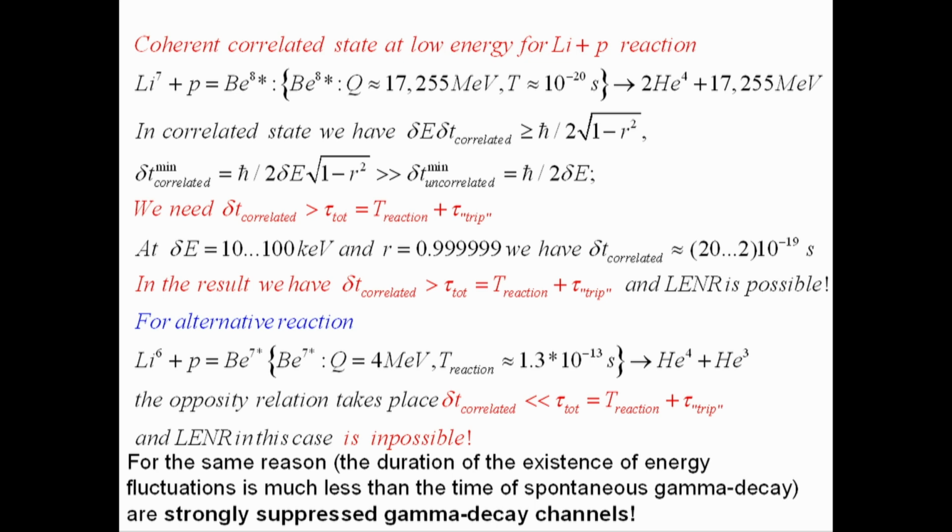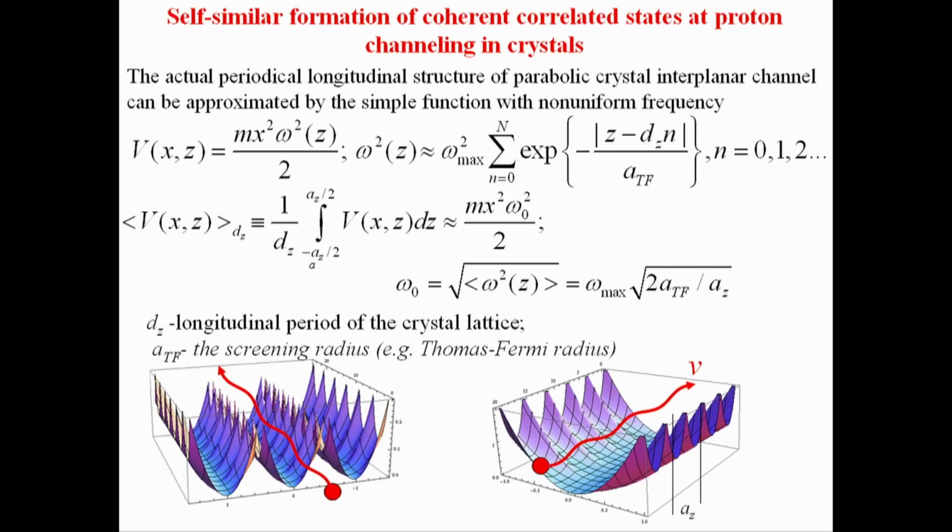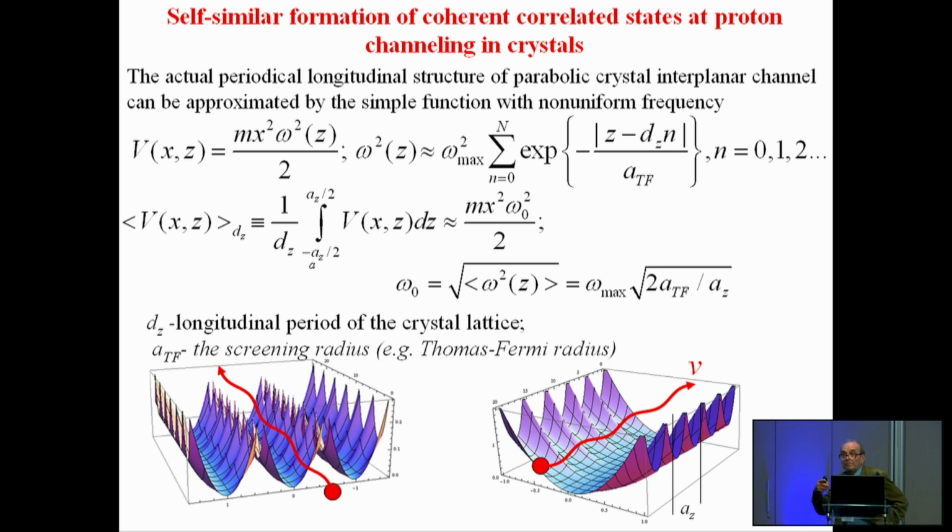Very interesting models. Okay, let's go to the experiments at the beginning. According to our opinion, such a reaction takes place during the process of interaction of a proton with a lithium lattice system or a fragment of such a lattice.